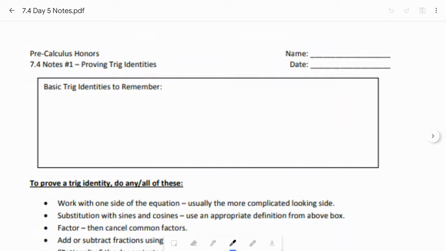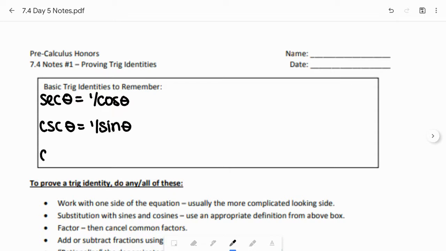So let's recall that secant of theta is equal to 1 over cosine theta. We have cosecant of theta is equal to 1 over sine theta. We have cotangent of theta is equal to 1 over tangent theta.